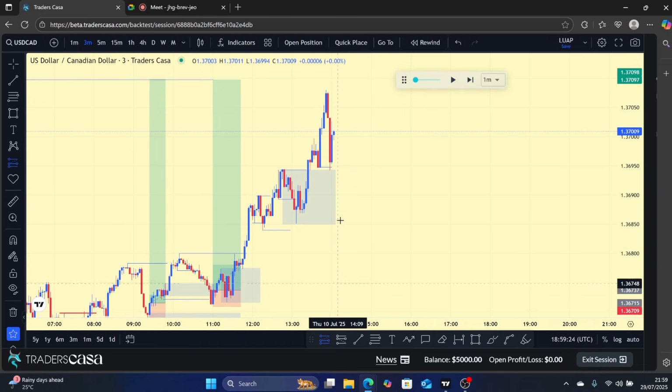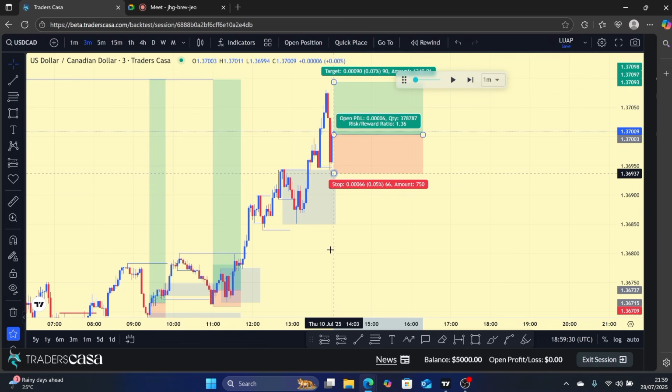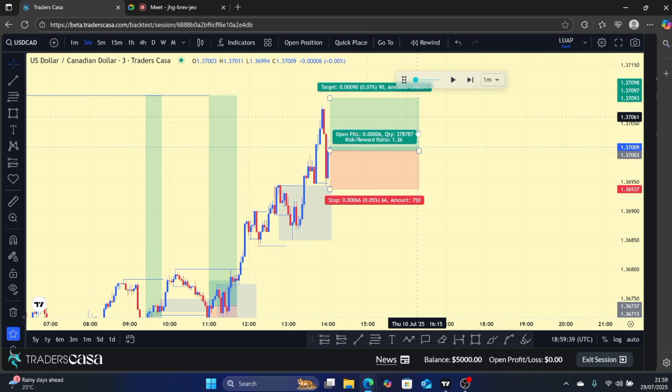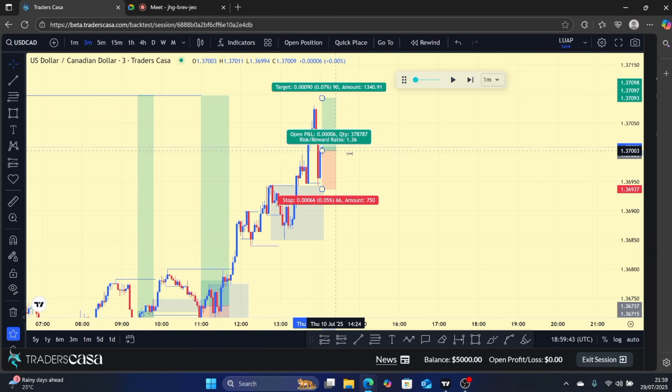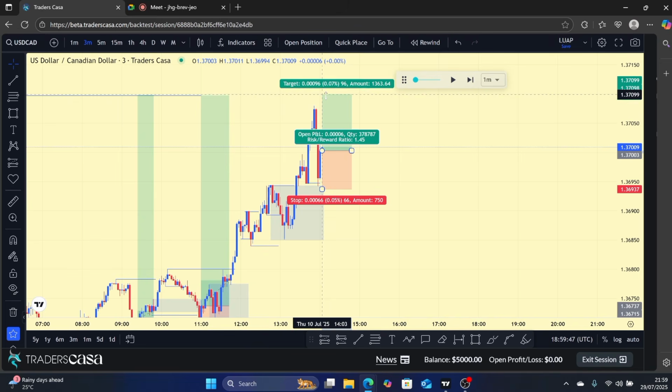So we can take the buy here because that's the major inducement sweep. SL, if I place the stop down here, I will have a very small risk reward. And also you can clearly see, even after placing my stop there, the risk reward to the higher time frame external liquidity is very small.